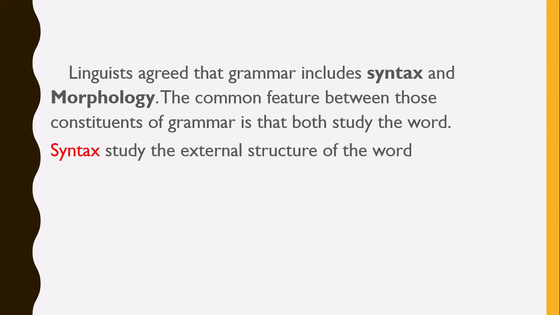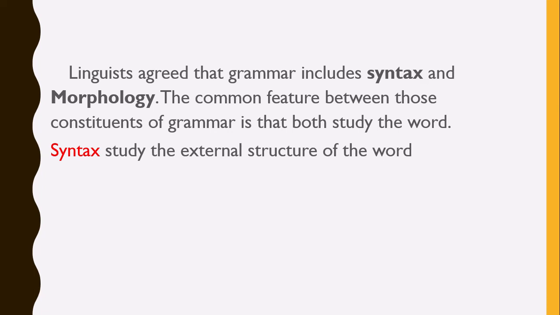So syntax studies the external structure of the word, or if you like, the surface structure of the word. It means within syntax we draw trees, okay? We look for ambiguity. So it means syntax concentrates on the structure and the ordering of the components within a sentence.